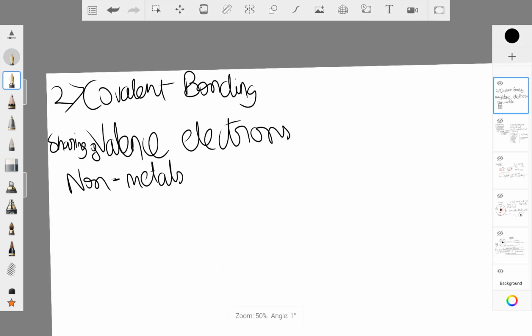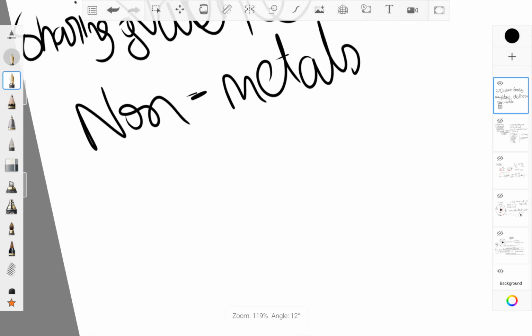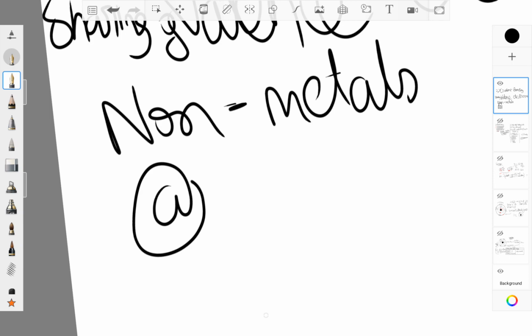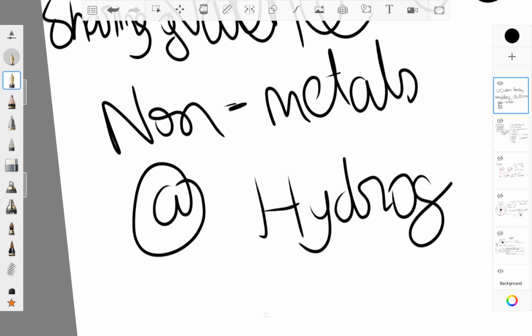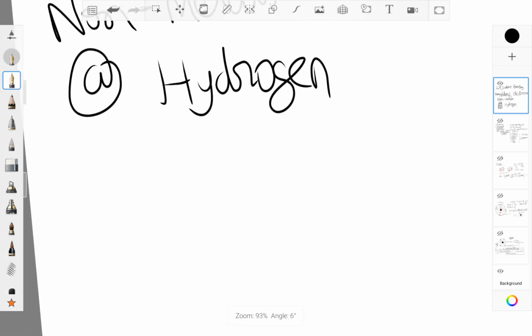Now, you can really think of this using examples. So, let's take hydrogen for instance. Hydrogen has one valence electron, meaning that it is highly reactive and doesn't exist as a single atom.